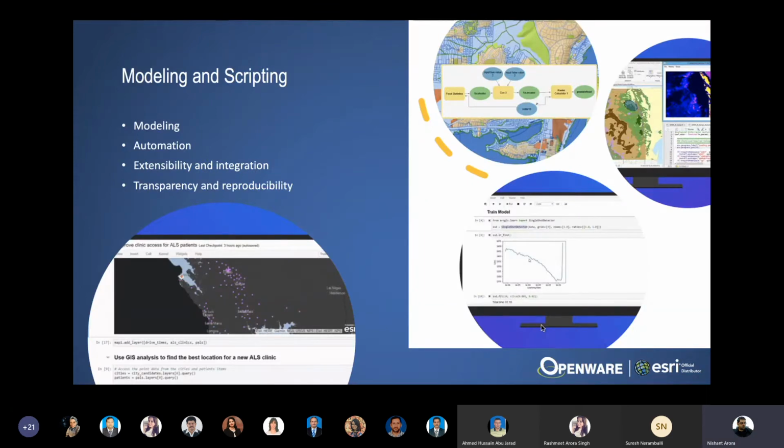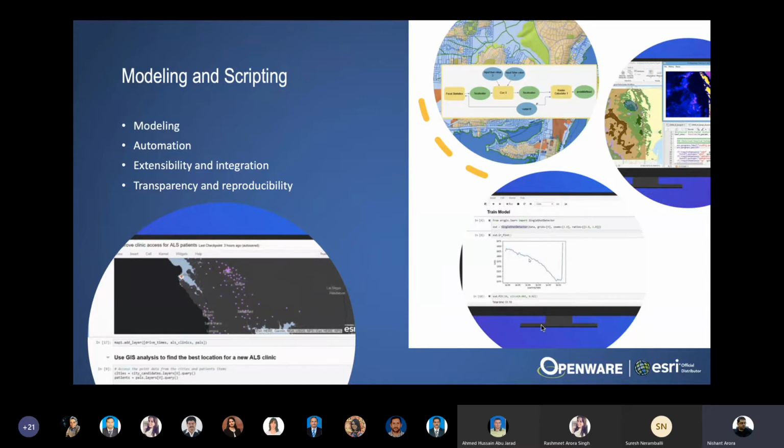Now, modeling and scripting is the next functional group of data science tools that are available in GIS, and it is used by most of us as data scientists. We can automate spatial analysis processes, reduce the chance of error, and make jobs easier and faster.